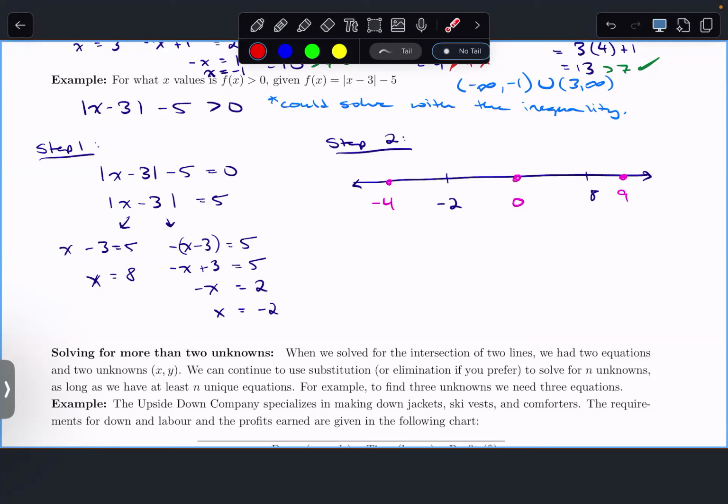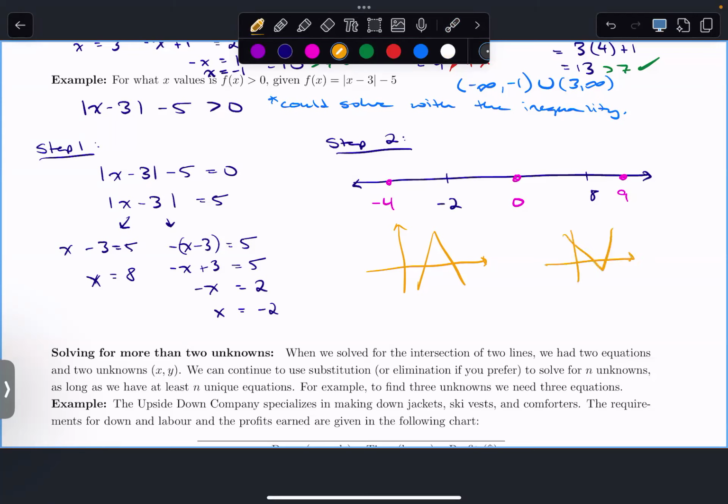Technically, you don't really have to do step 2. The answer is everything beyond -2 and 8, where the values are infinite. Well, but that's if you know enough about your absolute value functions, but you could have something like this, right? Or in this case, what if you wanted to know where it's less than 0, then even if it's facing up, the behavior depends on the function, right?